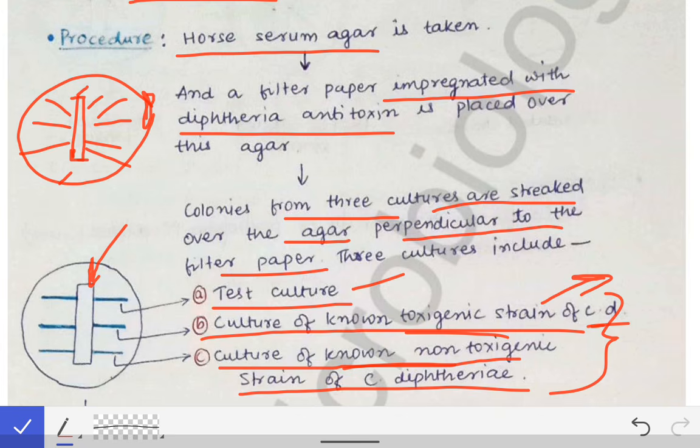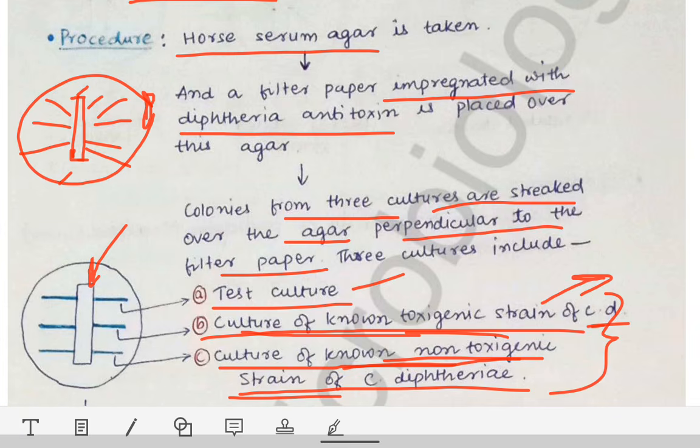So with this known toxigenic strain there must be some precipitation line seen; that will make our test valid. Otherwise, if no precipitation line appears around the streak of this known toxigenic strain, then the test becomes invalid. That is the role of the known toxigenic strain as the positive control. And similarly, the non-toxigenic strain is for the negative control.